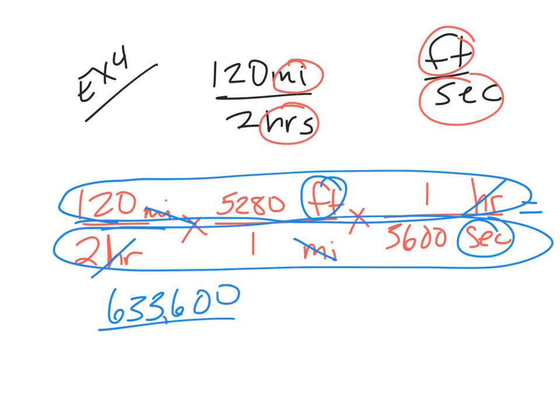And then I have 2 times 3600. What's 3600 times 2?